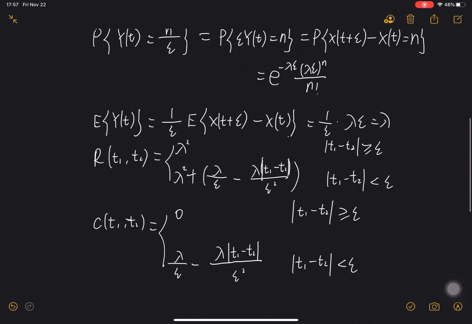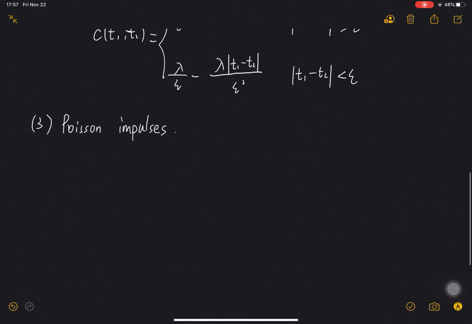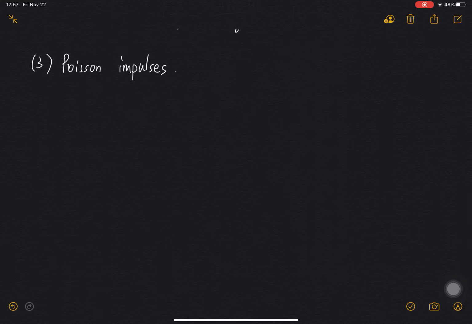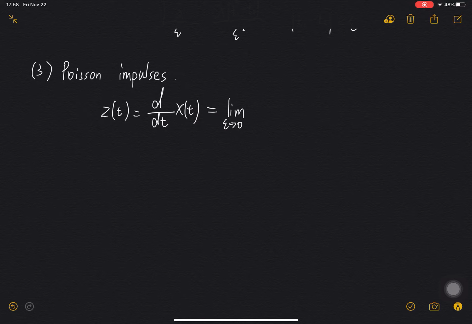The third one we're going to talk about is Poisson impulses. First, let's think about the definition of Poisson impulses. It is the derivative of X(t), where X(t) is the Poisson process, which is the limit of Y(t) when epsilon is close to 0, right?